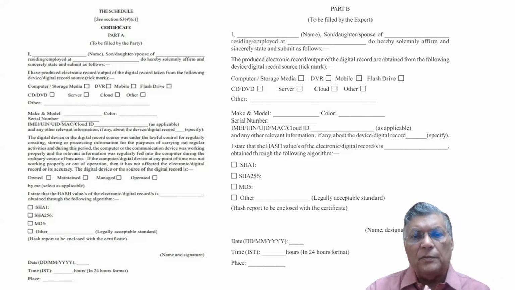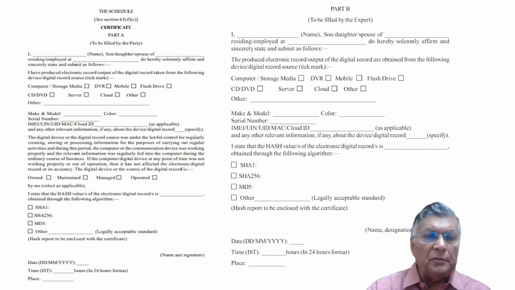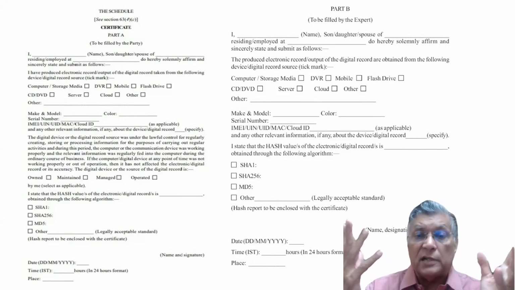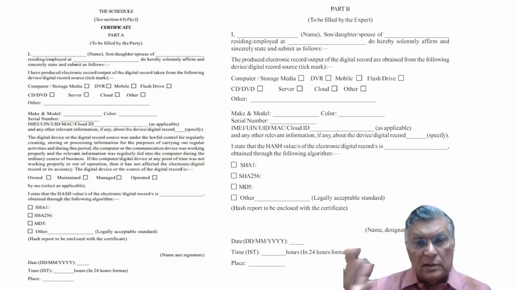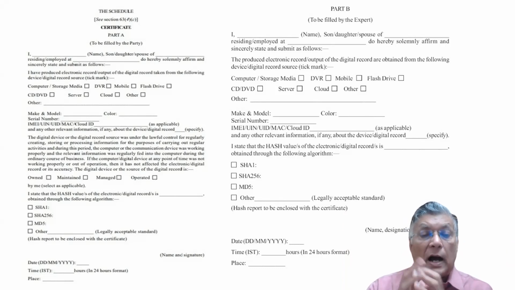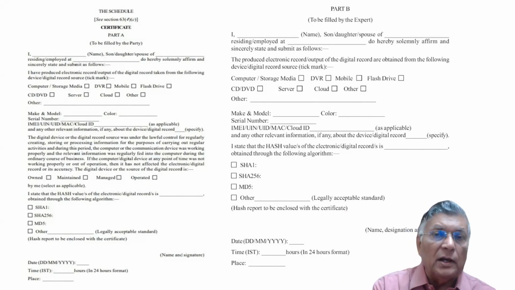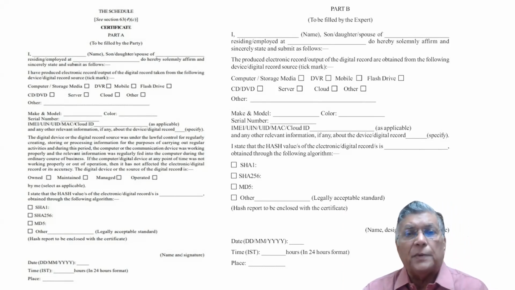Even experts will be confused when you say, what is SHA-1 and what is SHA-256, why you did not go for MD5 or something like that. And whether it's a legally acceptable standard, who is going to define that? Somebody has to go to the CCA website and look at it, or somewhere like that. So all that the ordinary litigant is not expected to know, because he is not the expert. If he is the expert, there is no need for somebody else to sign.